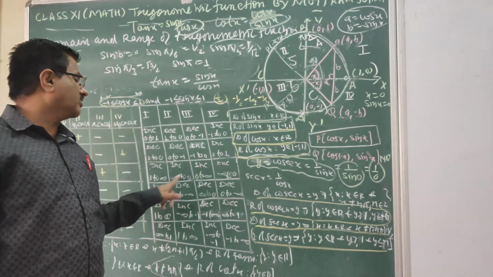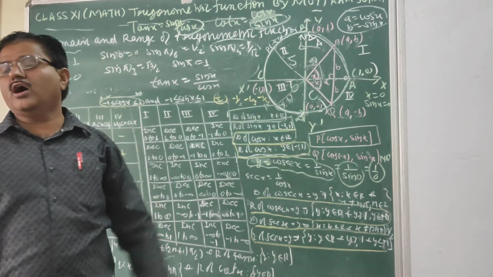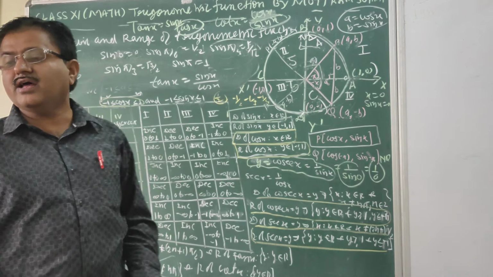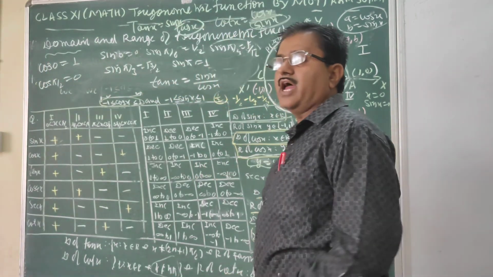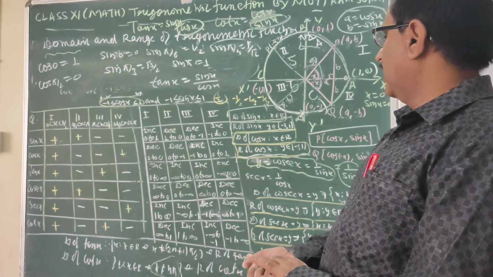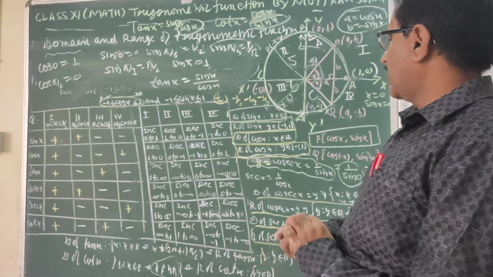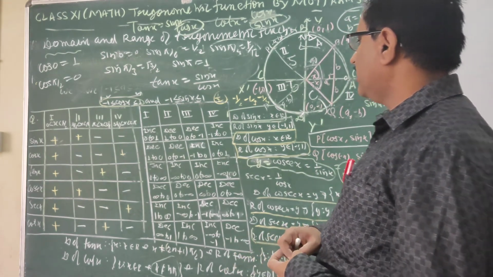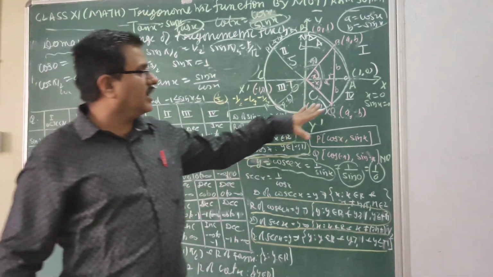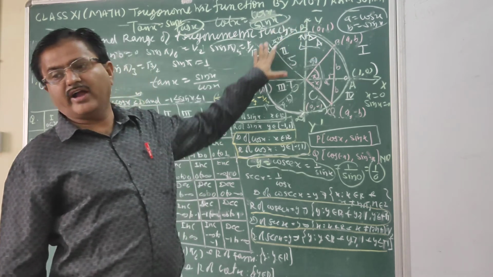In this way you can find the values of tan x. And cosec, sec and cot are all reciprocals of sin, cos and tan. If sin x is increasing, then cosec will be decreasing. You can observe this table or take any angle and find the value.